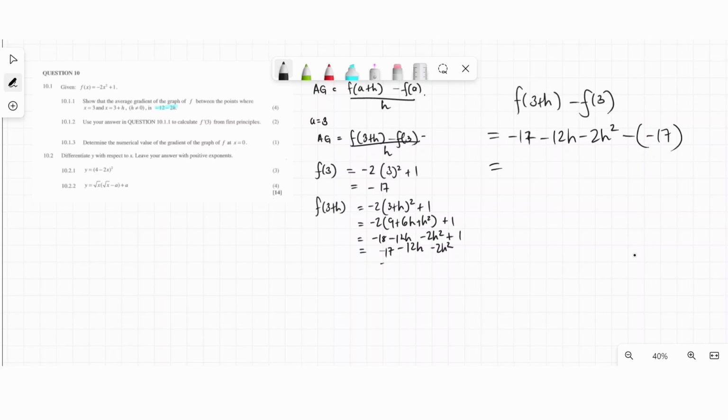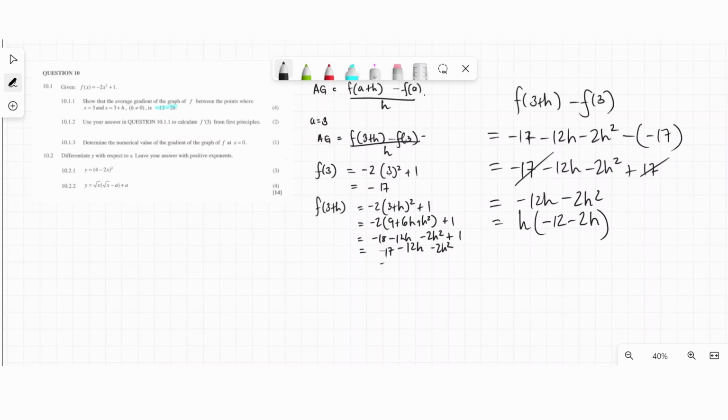When you simplify this, it's going to be negative 17 minus 12h minus 2h squared, plus 17. The 17s cancel out, so you're left with negative 12h minus 2h squared. Take out h as a common factor, so you have h times (negative 12 minus 2h).